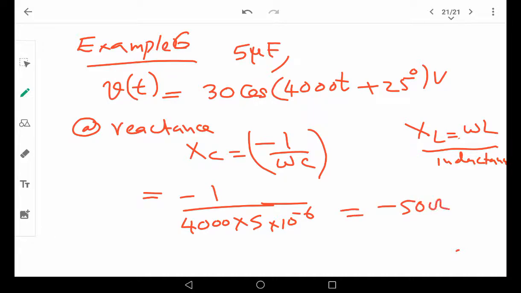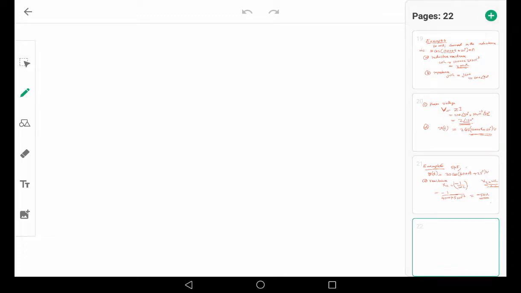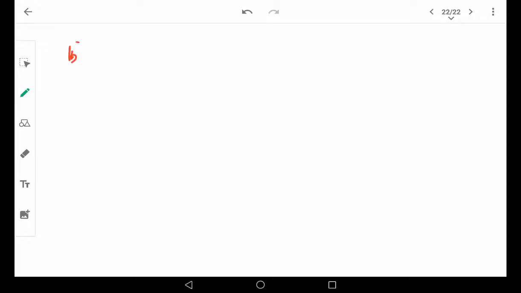So I will get minus 50 ohms. So it has a minus sign. For capacitance reactance, you always put a minus sign.